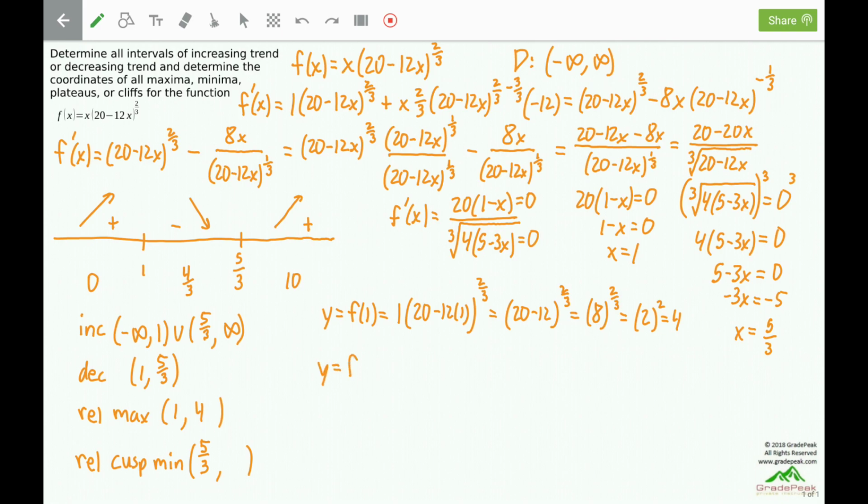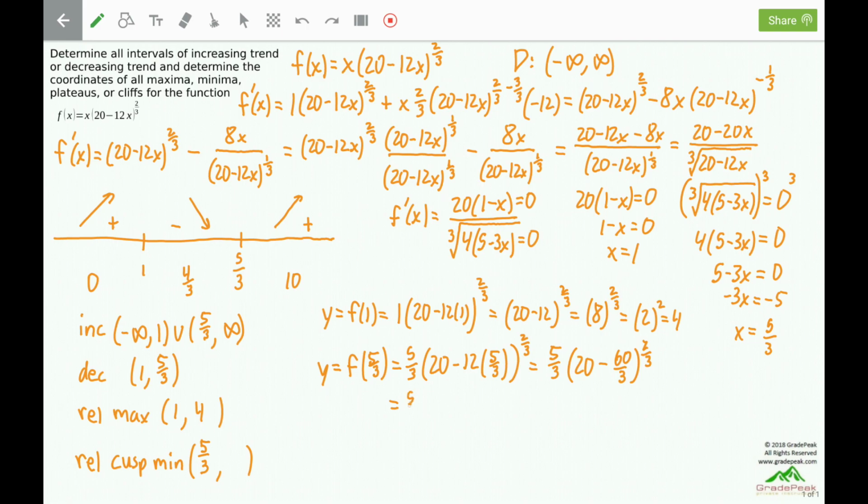So y equals f of 5/3, which is going to be 5/3 times 20 minus 12 times 5/3, and the entire thing to the 2/3. So this will equal 5/3. 20 minus 12 times 5/3 will be, multiplying the numerators, a negative 60 thirds.